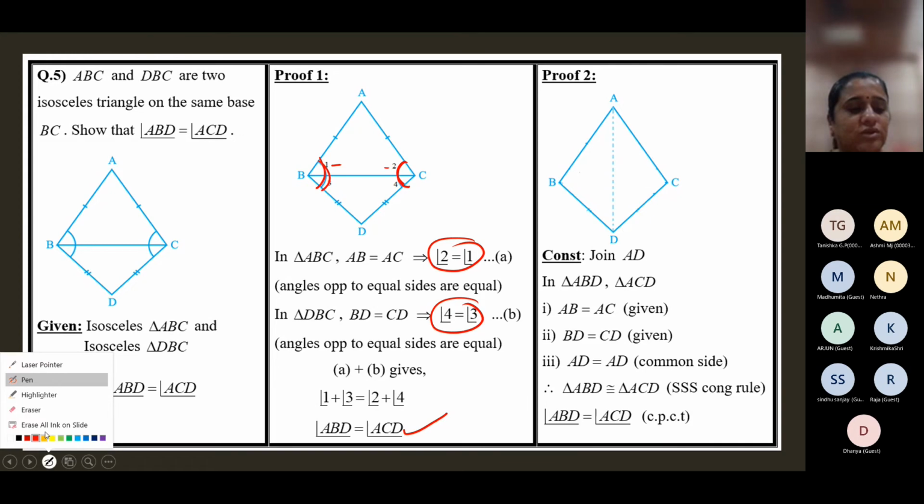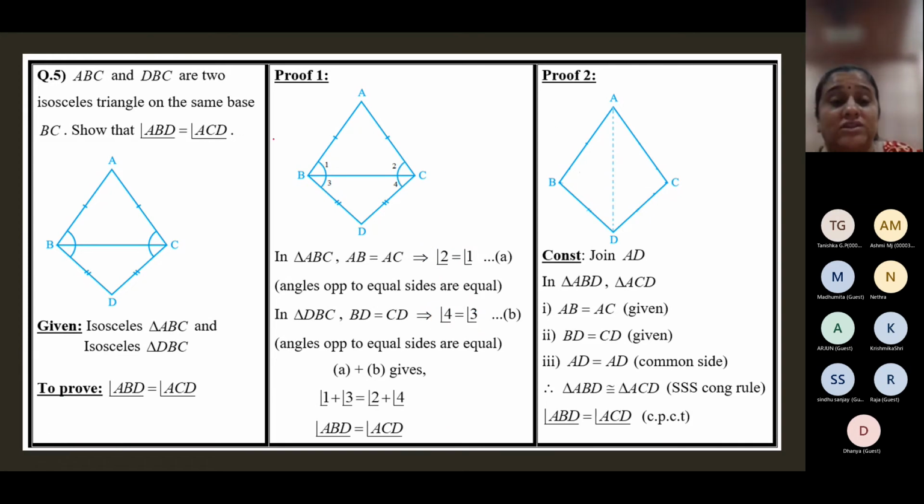The other way to show that these two angles are equal is by taking a diagram like this. Remove this line segment and join AD. Why are we doing this? Because this angle is in this triangle, and this angle is in this triangle.